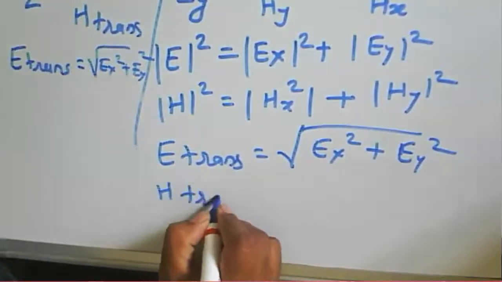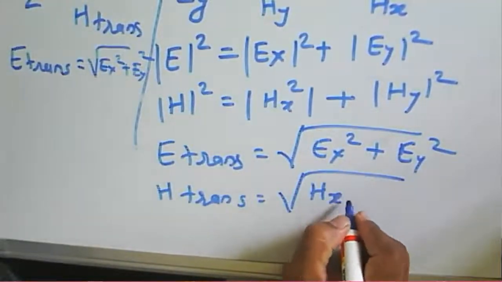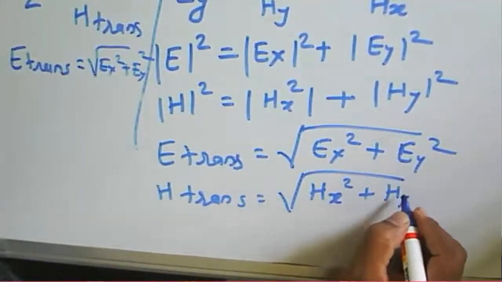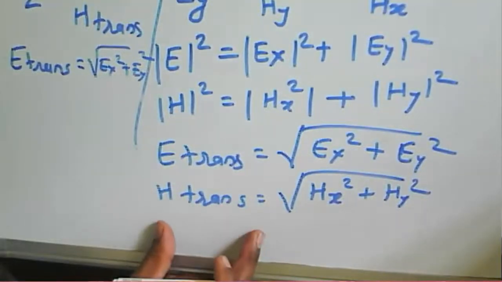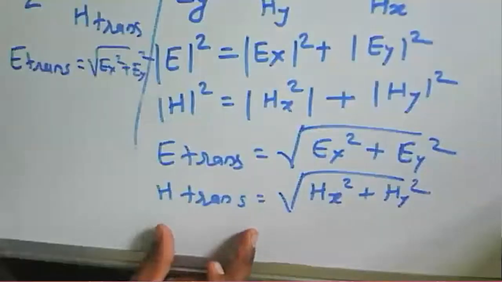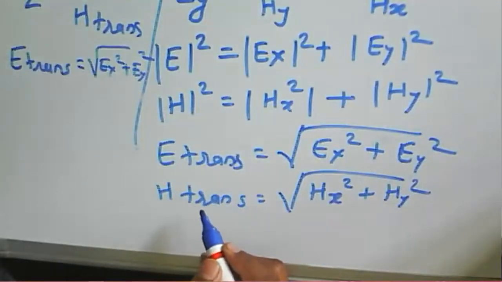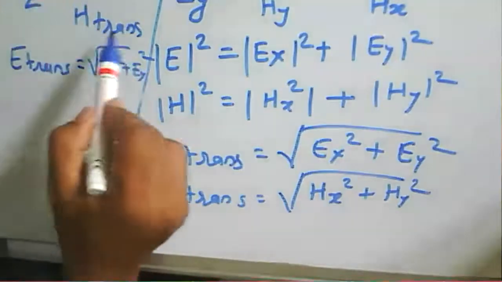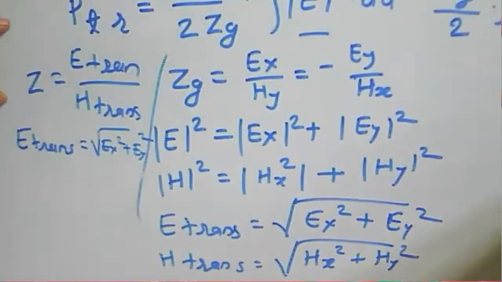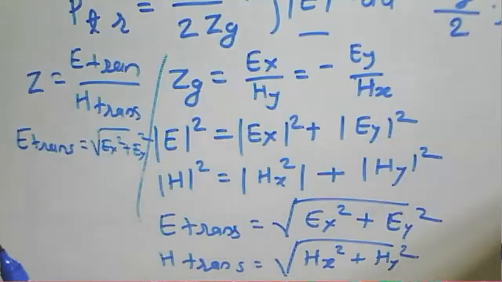Similarly, H trans is equal to under root of Hx square plus Hy square. Now from this we can find out Z, the ratio of E trans by H trans here. Okay, this way we will get the Z here. Similarly, here we have the impedance for the guide.